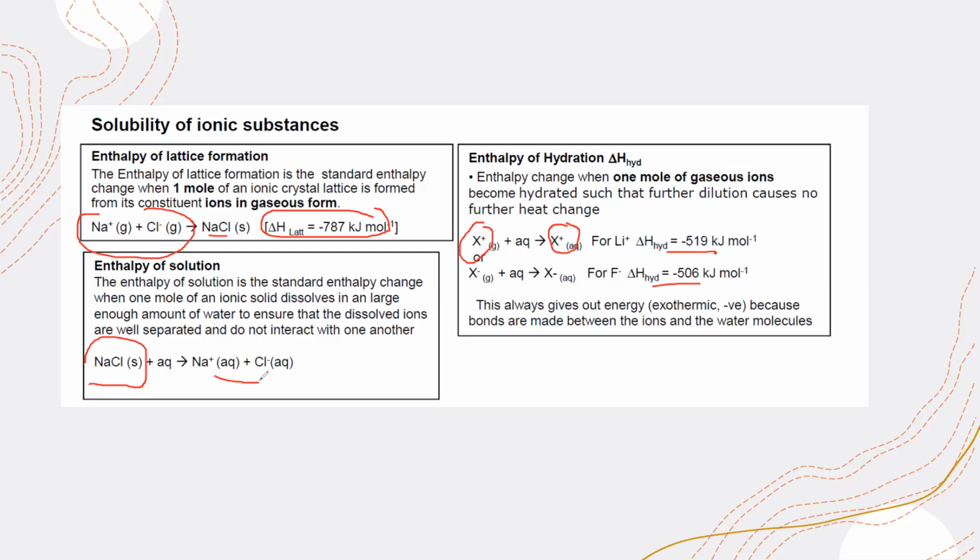So how can we calculate the enthalpy of solution? We can use Hess's law to relate lattice energy with hydration energy and enthalpy of solution. For example, sodium chloride in a solid state converts into sodium ion in aqueous state plus chloride ion in aqueous state.